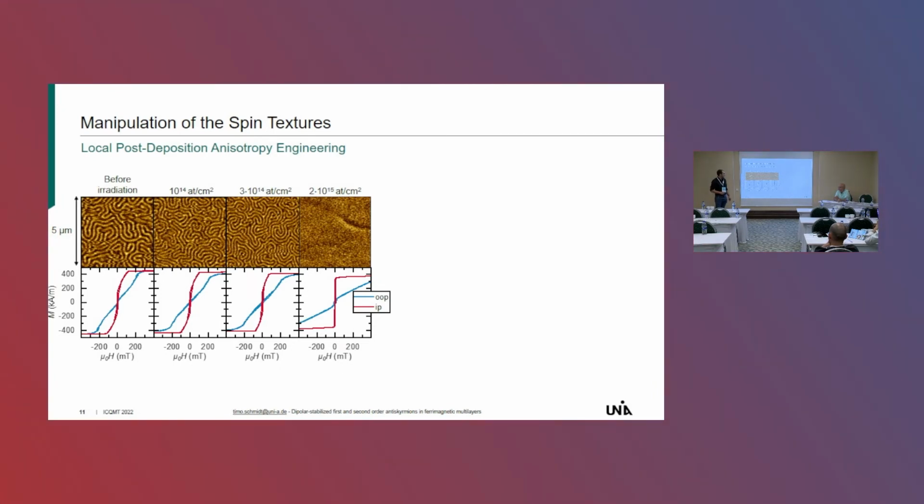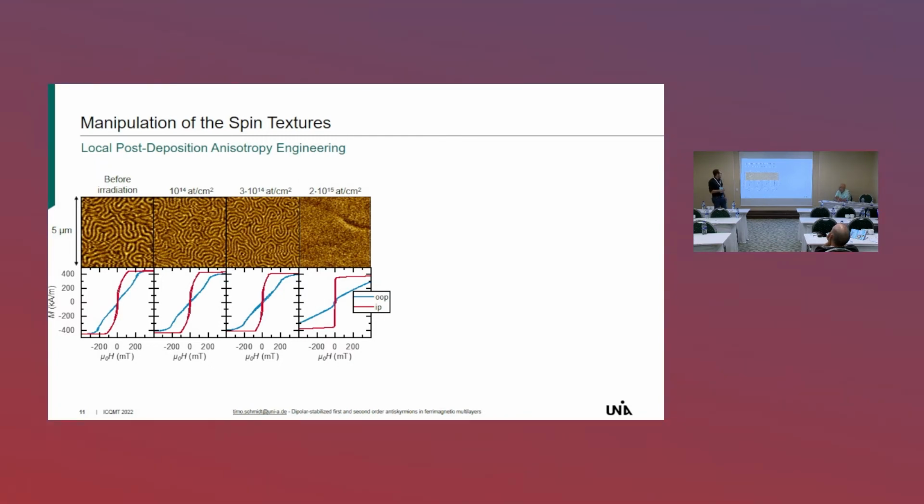And at 10 to the power of 15 ions per square centimeter, you are just so in-plane from your irradiation that there are no more skyrmions or stripe domains forming. So also for these labyrinth domains, you need a little bit of competition between in-plane and out-of-plane moments, and you destroy that with ongoing irradiation. So that is really an in-plane film.